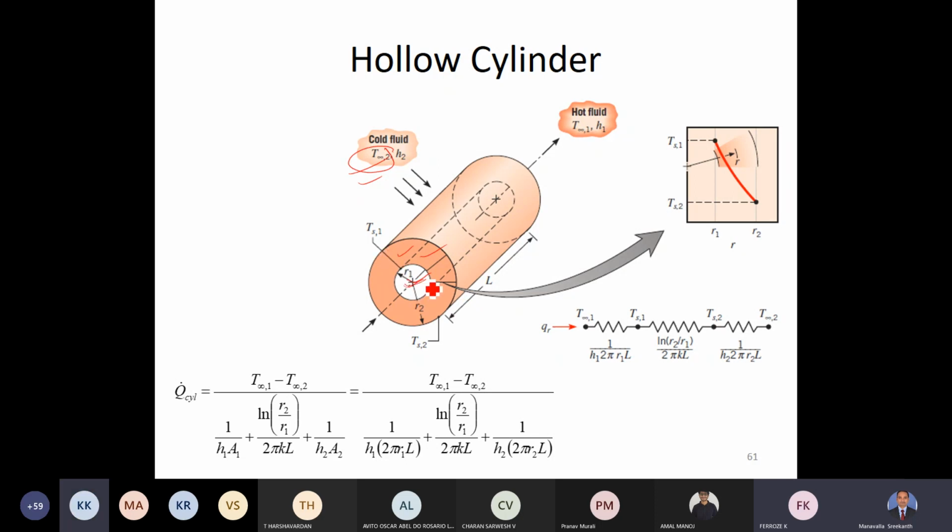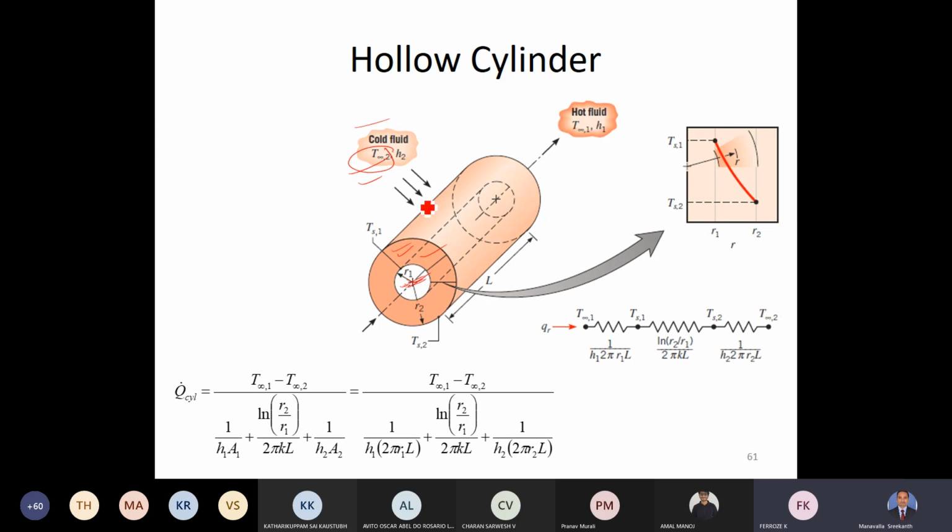Sir, you just said that there are 3 types of resistance, no, sir. Can you just repeat again what those 3 are? See, just imagine this particular cylinder, you are able to see this, no? So over the cylinder there is a fluid flowing. Okay? Yes, sir. And the cylinder wall has certain thickness, and there is a fluid flowing inside the cylinder.